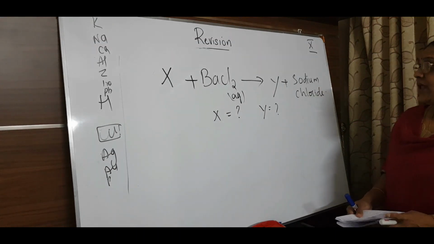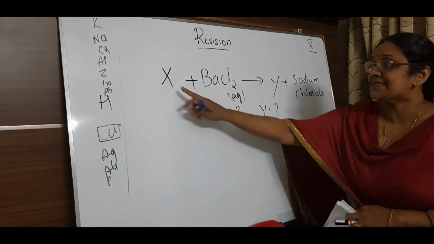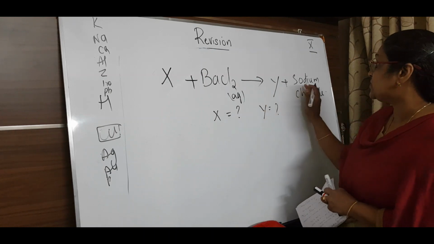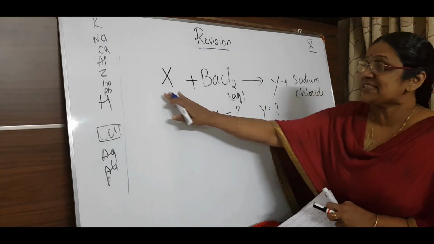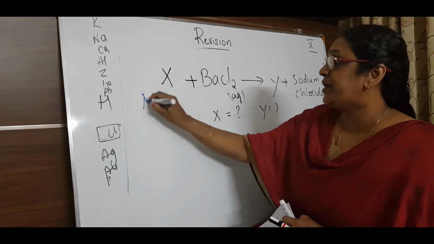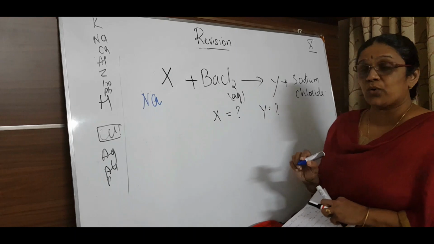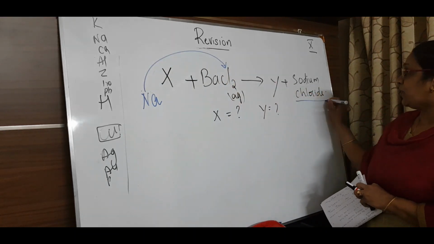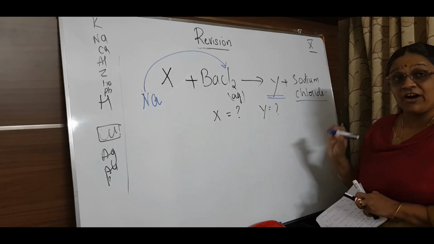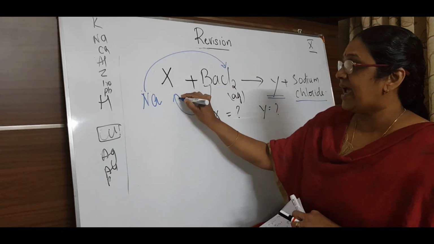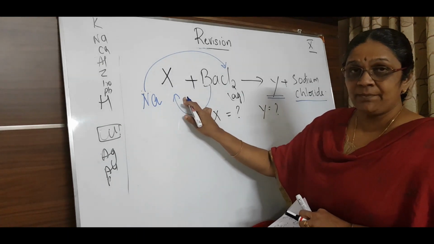Now we have to get X and Y. We have barium chloride and sodium chloride. X must be something of sodium, because of the sodium chloride. And Y must be barium with some anion.